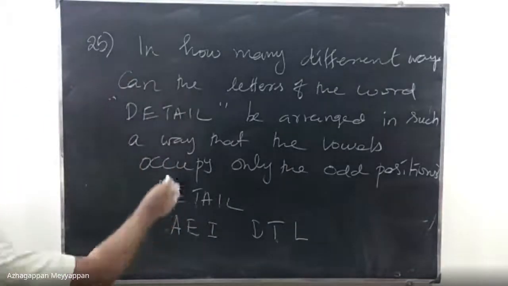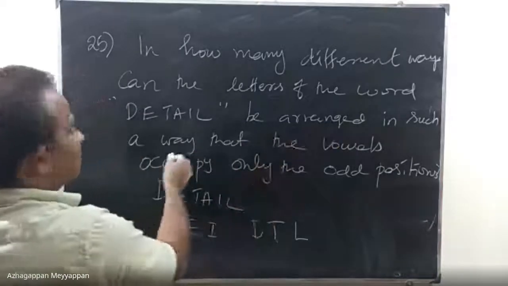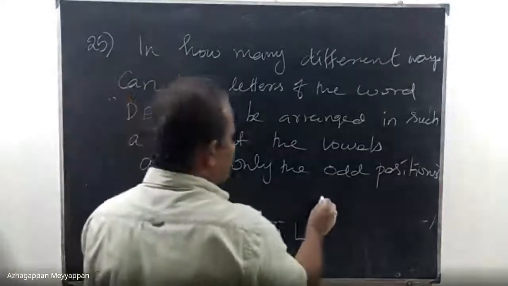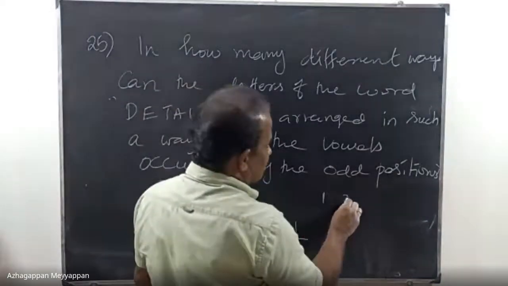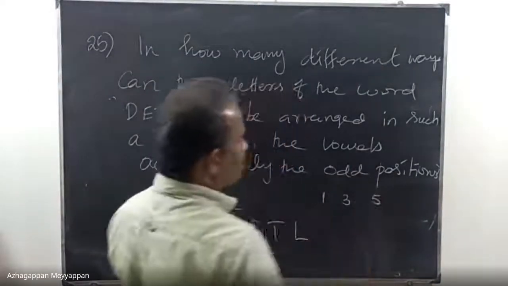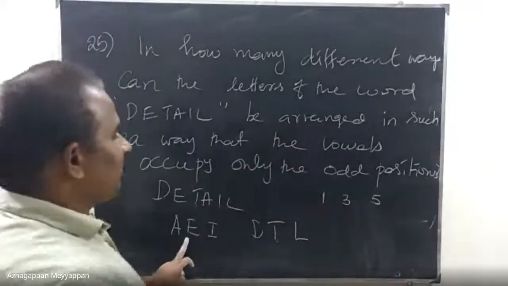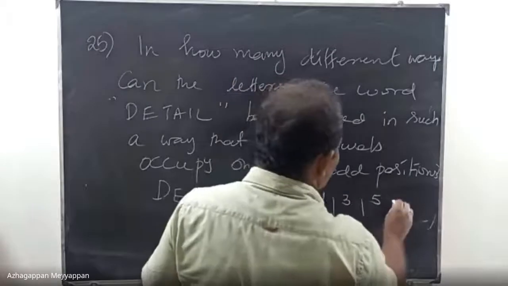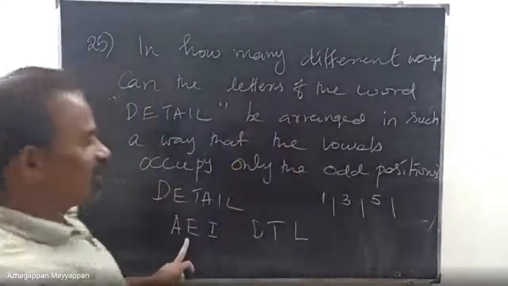Arranged in such a way that the vowels occupy only the odd places: first place, third place, fifth place are vowels. Then the second place, fourth place, sixth place are consonants.